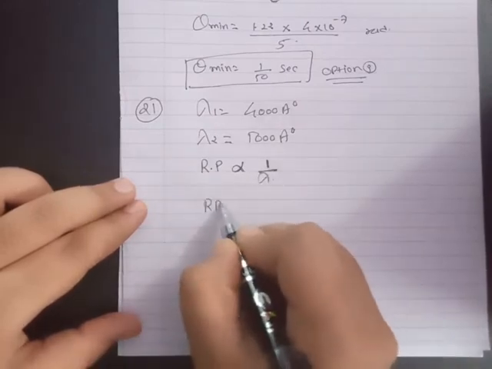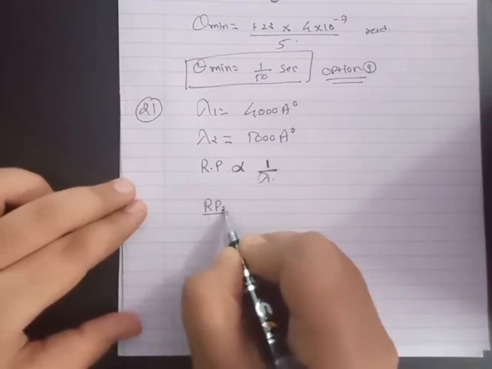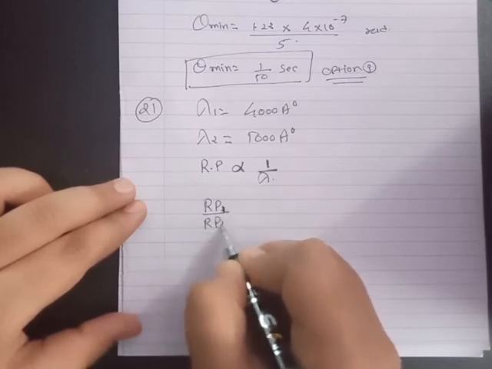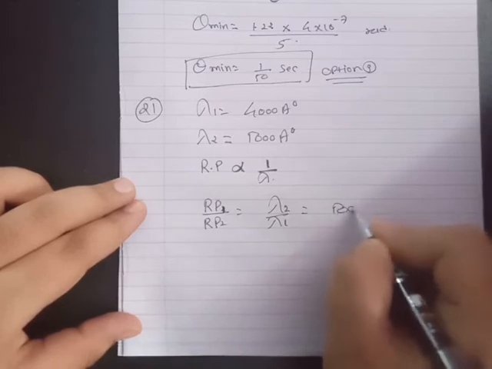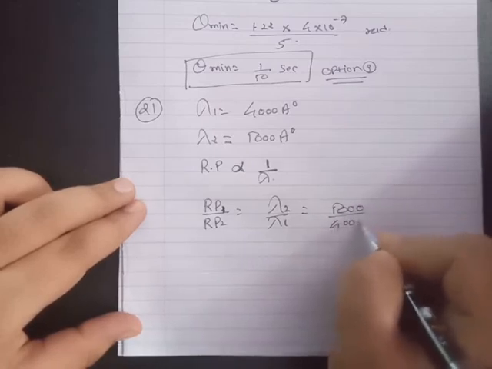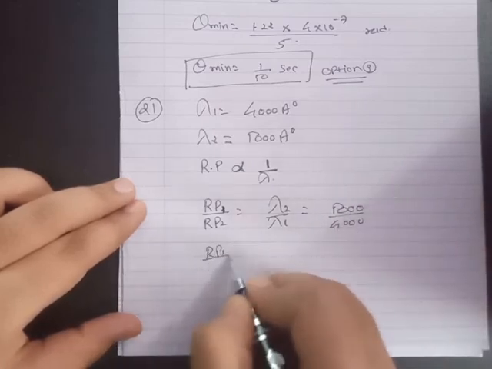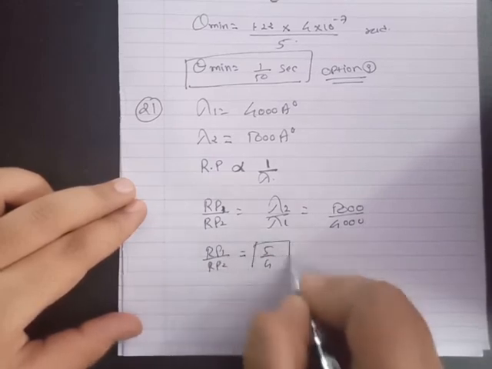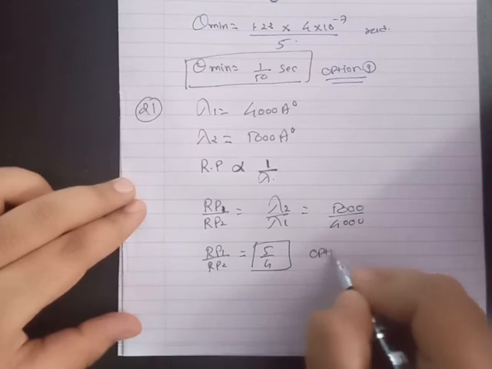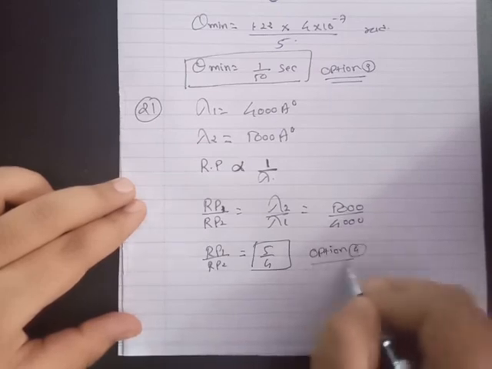So RP1 by RP2 is equal to lambda 2 by lambda 1, that is equal to 5000 divided by 4000. So RP1 by RP2 is equal to 5:4. So option 4 is the correct option.